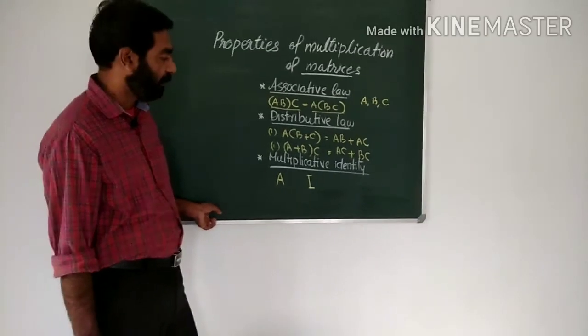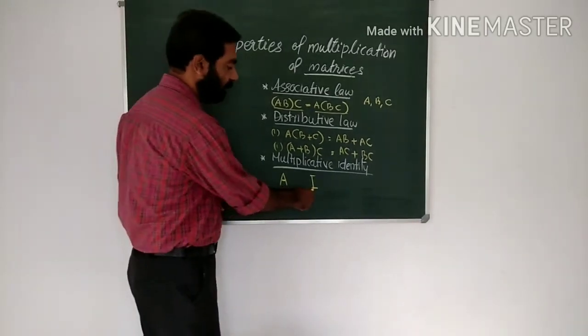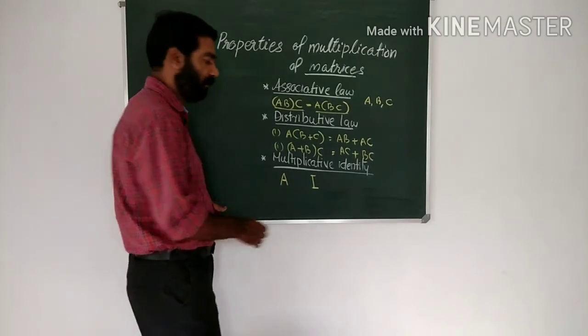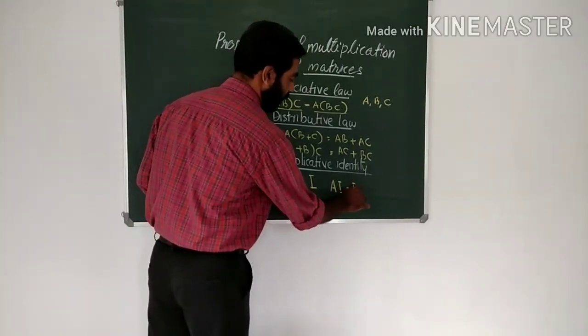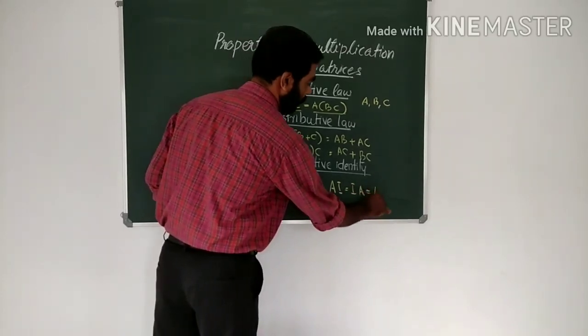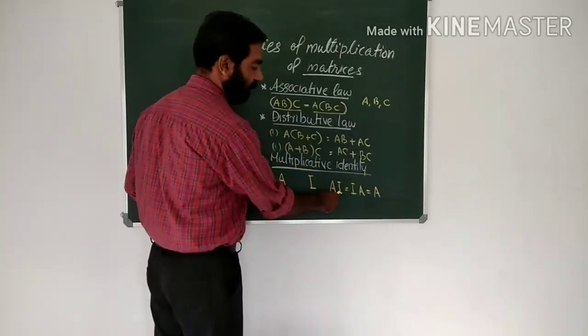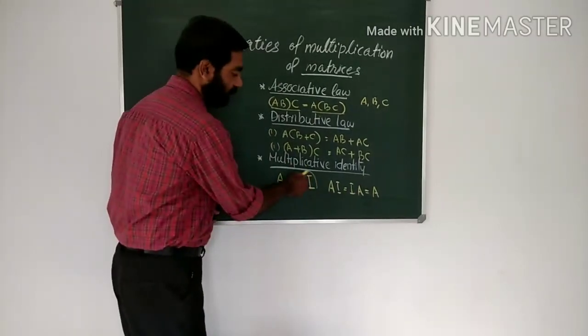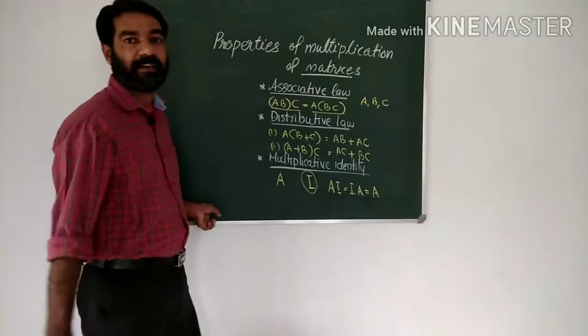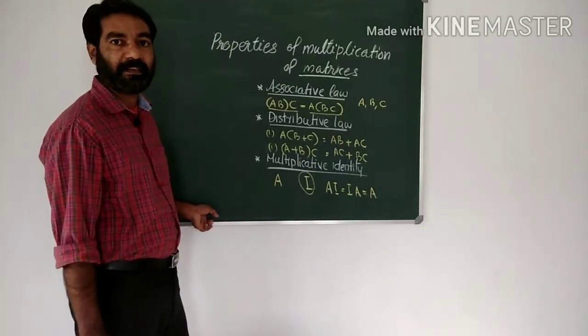So A is a matrix and I is an identity matrix of the same order. Then A into I is equal to I into A is equal to A. So I is the multiplicative identity.